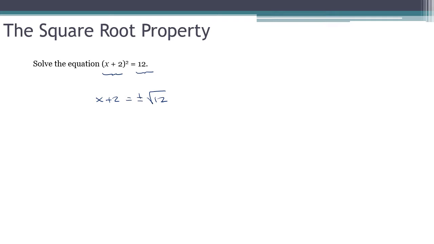Because I think we can here. 12 is 4 times 3, and I know what the square root of 4 is. So x plus 2 is plus or minus 2 times the square root of 3. Now subtract 2 from both sides. Negative 2 plus or minus 2 square roots of 3. And there's our answer. It really is that straightforward.